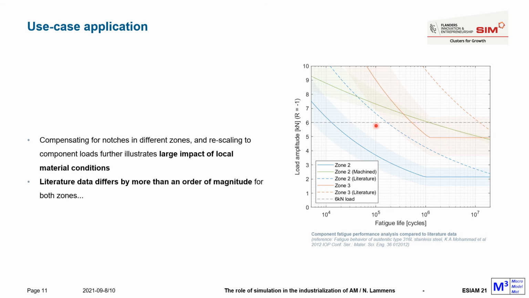On top of that, the dotted lines show the predicted fatigue lifetime if we would have relied purely on literature data. In both zones, the literature data is 1 order of magnitude higher than what we predict with our models.